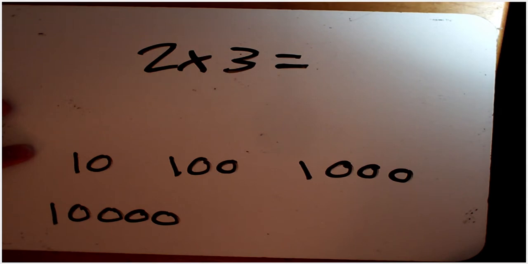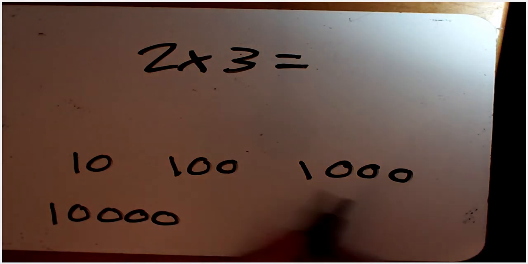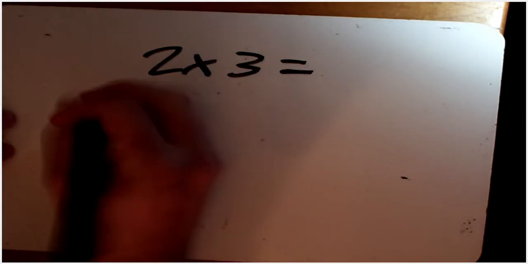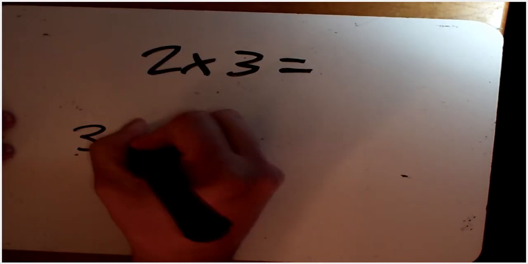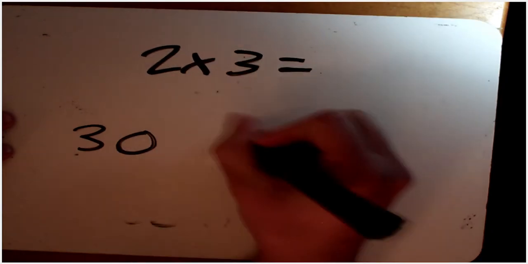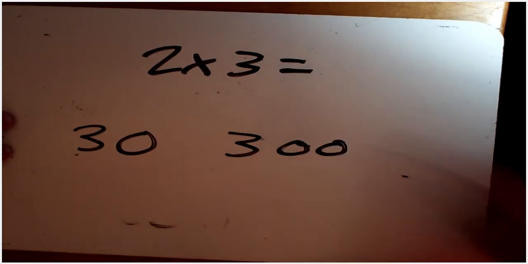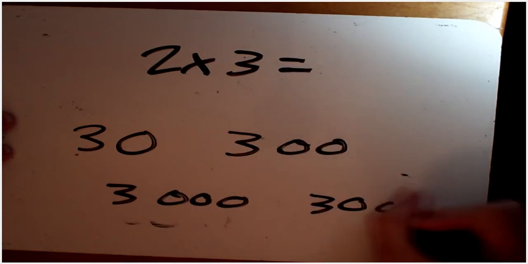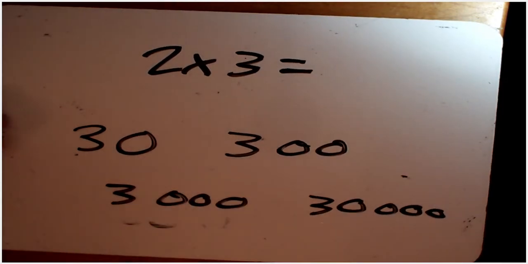But multiples of 10 can also be when you take a factor like 3 and you're multiplying that by 10. So it could be 3 times 10 is 30, or times 100 is 300, or 3,000, or 30,000, depending upon what you are multiplying it by.